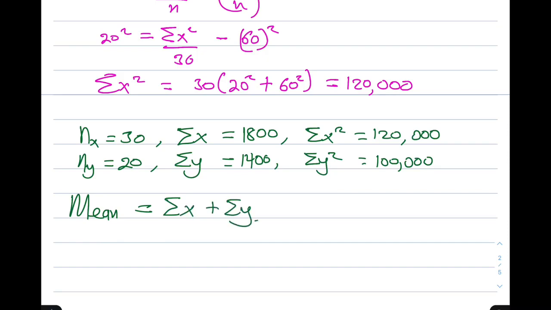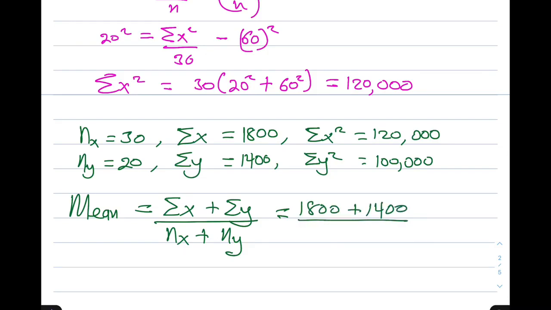Okay, this is the mean formula. Now, we also know that sigma x is 1,800, sigma y is 1,400, and now we are dividing by 30 plus 20. And when you put this thing on your calculator, you should get 64 as required. So now we have proved the first part of the question.